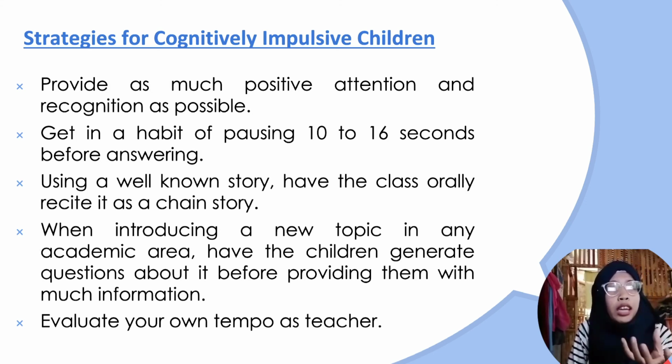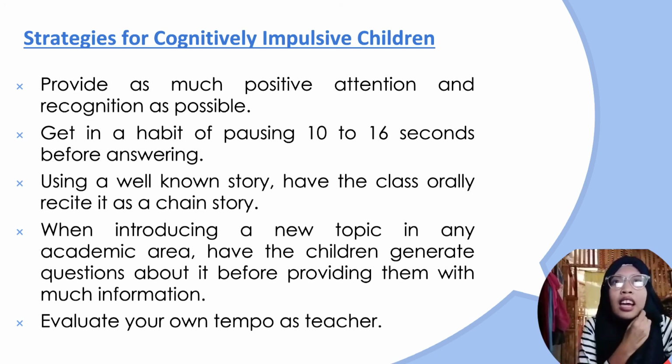You can easily communicate with the baby and bring warmth in your relationship. Second, get in the habit of pausing 10 to 16 seconds before answering. Using a well-known story, have the class orally recite it as a chain story. When introducing a new topic in any academic area, have the children generate questions about it before providing them with much information. Lastly, evaluate your own tempo as a teacher.